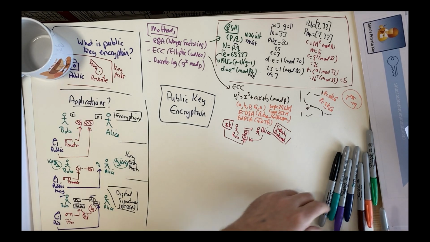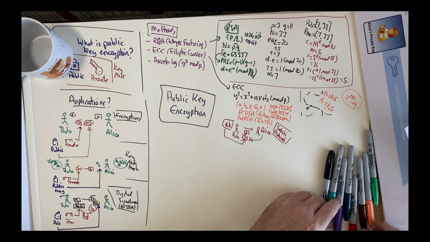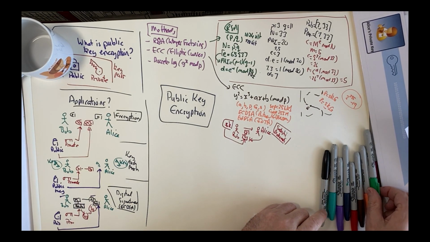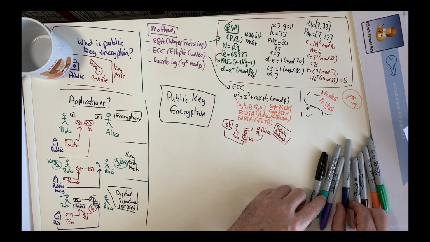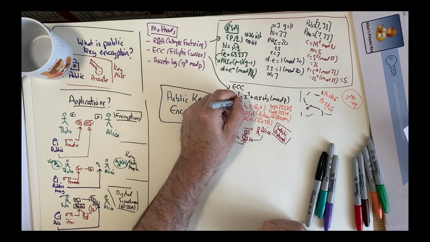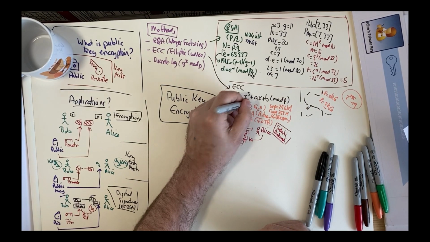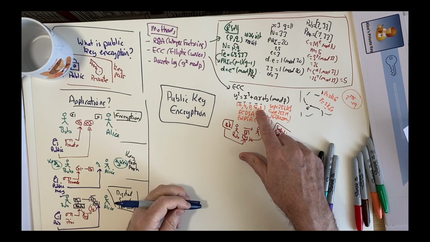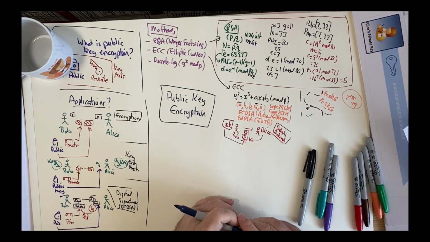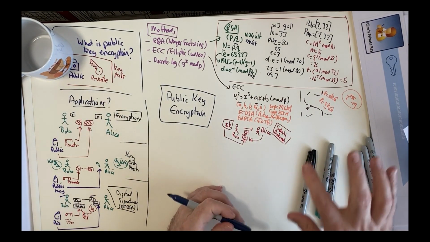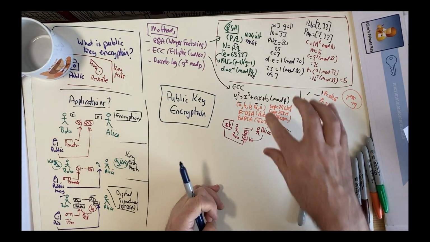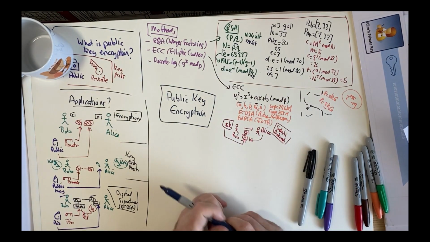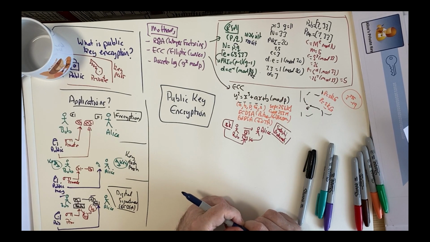Okay, so the main parameters that we have with our curve, as I've said before, is the A value, the B value, the prime number, the base point, and also the order. The order is the maximum number of points that we can have on our elliptic curve, and some operations are conducted using that value.